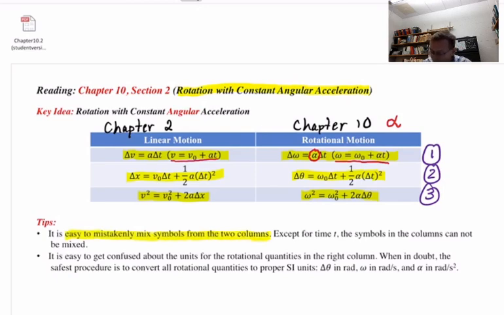Except for the time variable t, the symbols in the columns cannot be mixed. For example, you can't use a linear version of equation 1 mixed with a rotational version of equation 1. You can't write something like delta v equals alpha times delta t.